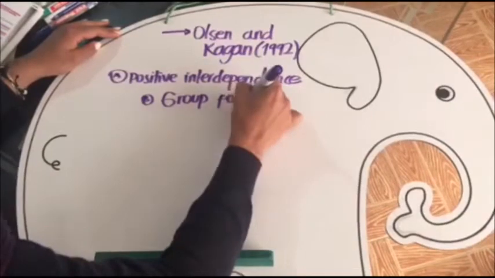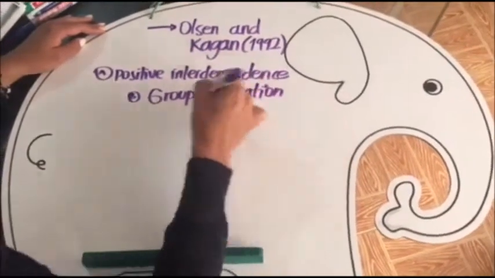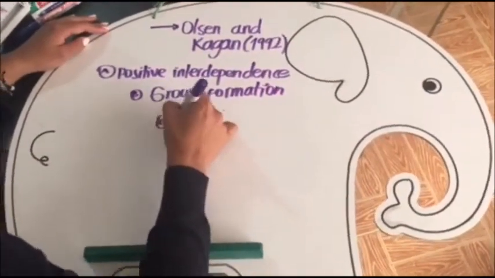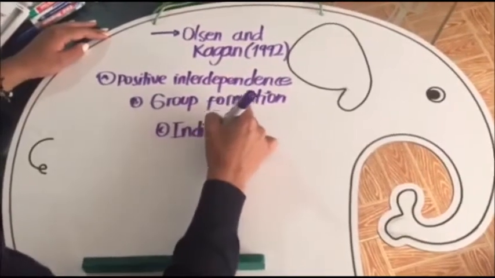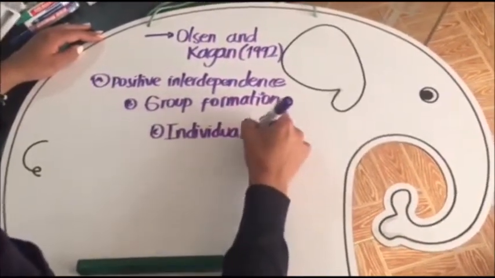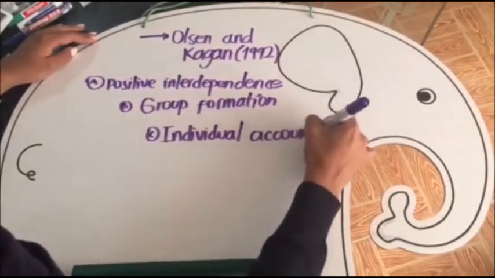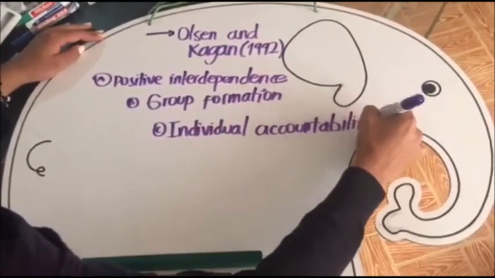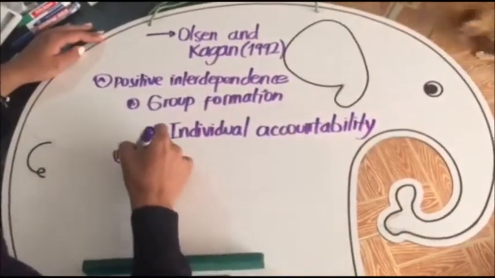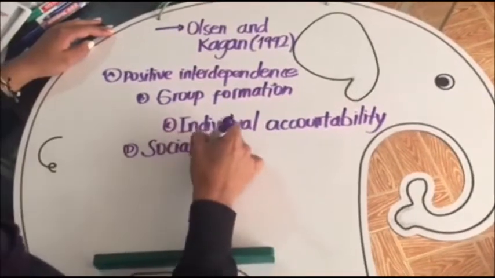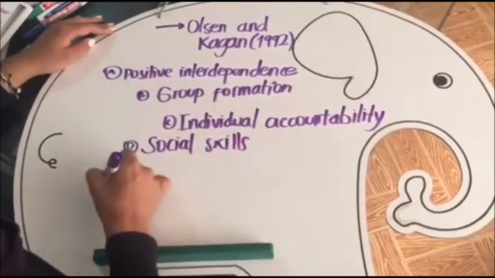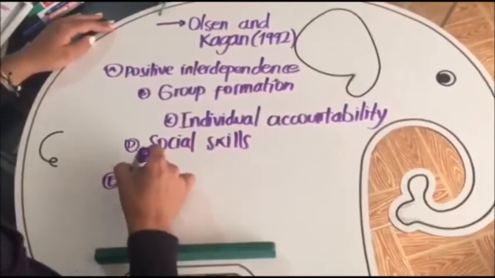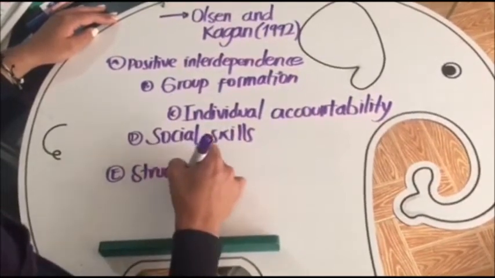On the other hand, individual accountability involves group and individual performance. The next one is social skills, which determine the way students interact with each other as teammates. The last one, structuring and structures, refers to ways of organizing student interaction.